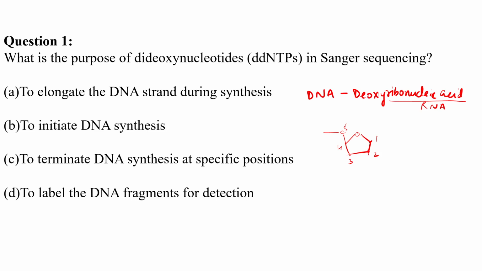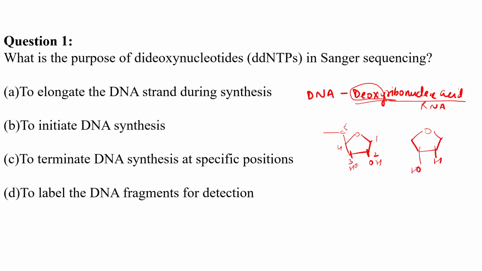Now the second and third carbon have OH groups in case of RNA. In case of DNA, as we can see in the name, we have deoxy, which means one of the oxygens is removed. So in case of DNA, the second carbon of the sugar does not have the oxygen.